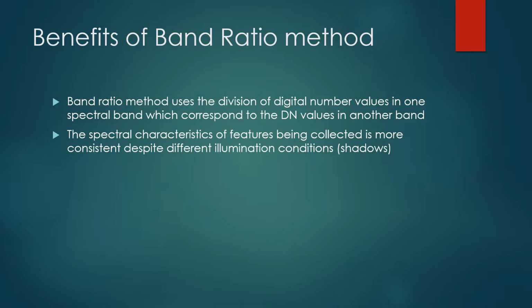The spectral characteristics of the features being collected are more consistent despite different illumination conditions. So by using the band ratio method, you eliminate the problem of shadows, and features in the imagery will show the same spectral signature whether or not they are in shadow.